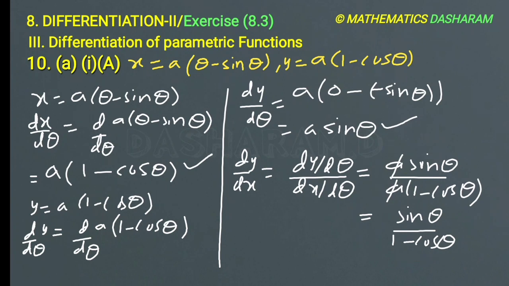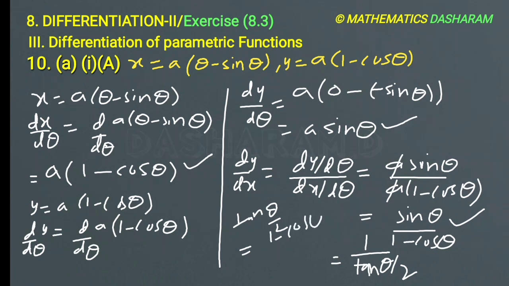So it is equal to 1 by tan theta by 2. It is actually the tan theta by 2 half angle formula: 1 minus cos theta divided by sin theta. So 1 by tan equals cot theta by 2. So this is our required answer.